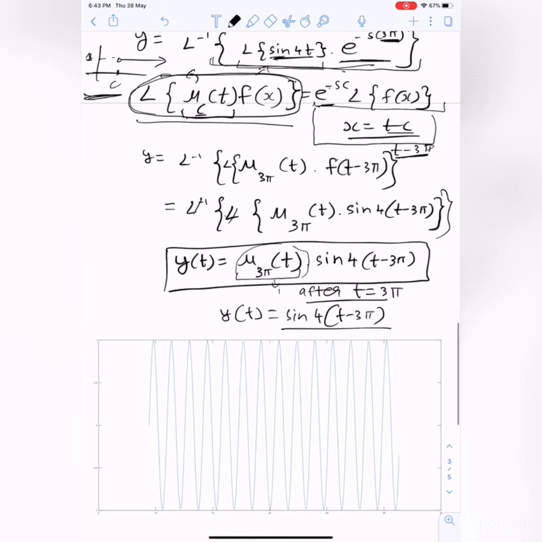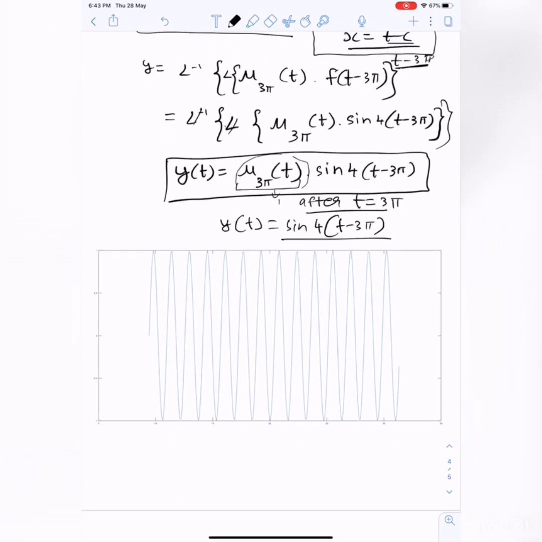So if we were to graph this, we would get this equation. This is t versus y. This point is time equals 3 pi. From time equal to 3 pi, we can see it starts to oscillate. And it never ends because this system is undamped.